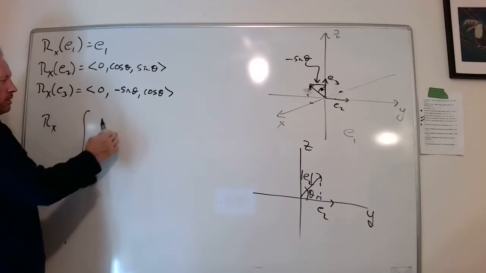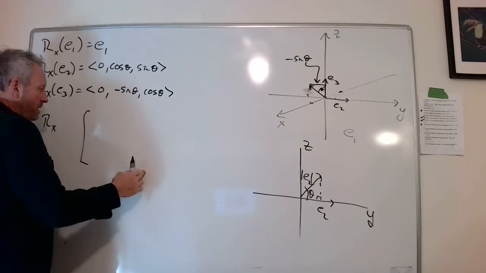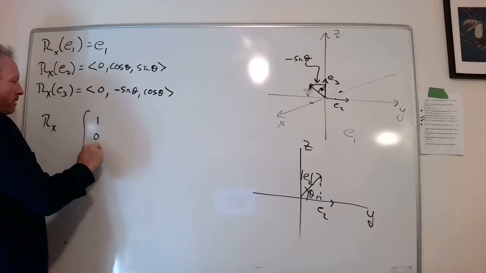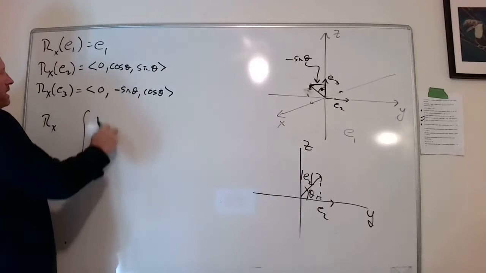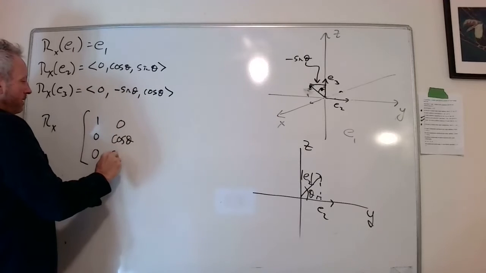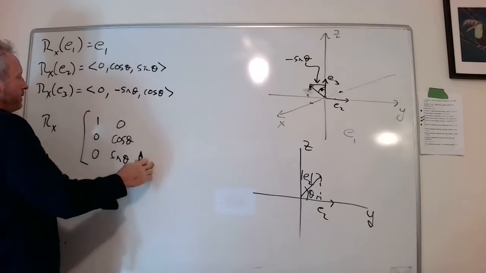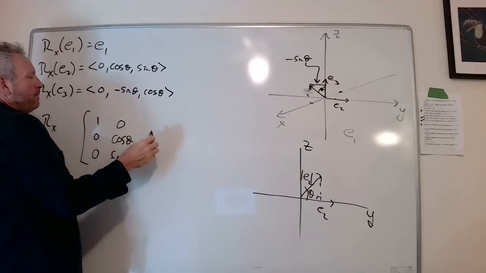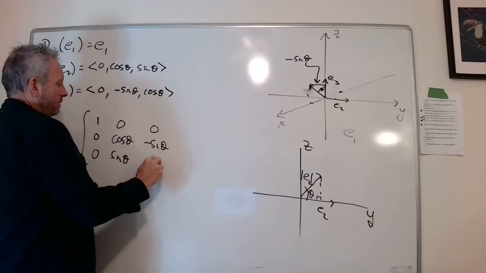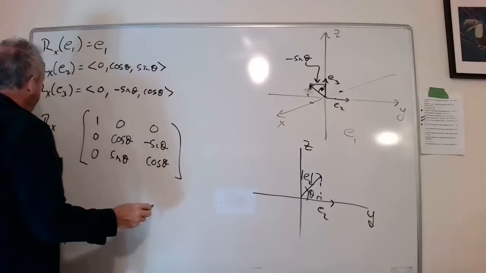This is where E sub 1 goes, this is where E sub 2 goes, this is where E sub 3 goes. E sub 1 stays itself, so 1, 0, 0. Where does E sub 2 go? Right here, so 0, cosine theta, sine theta, and here is where E sub 3 winds up being mapped to: 0, negative sine of theta, cosine theta.